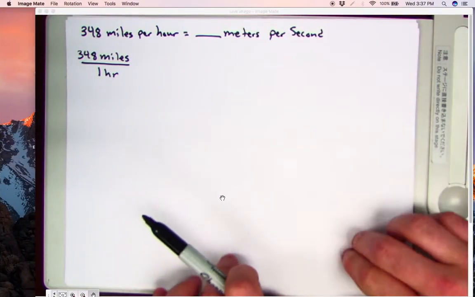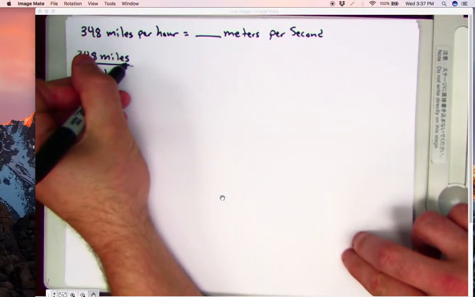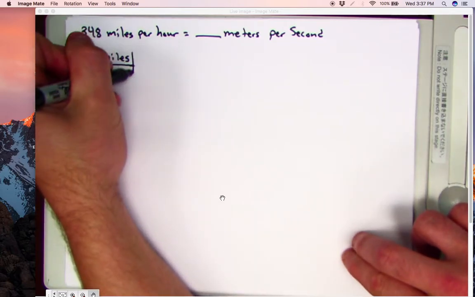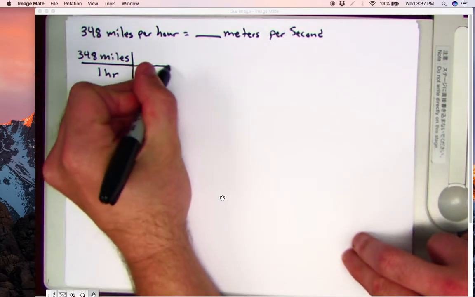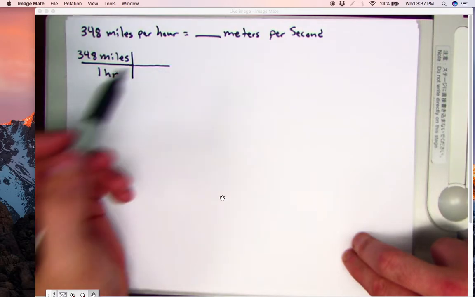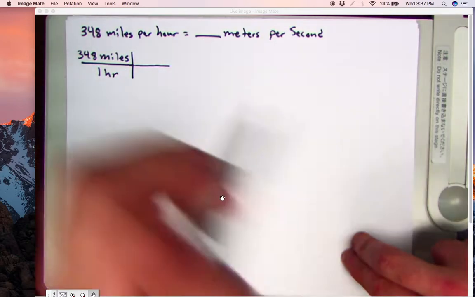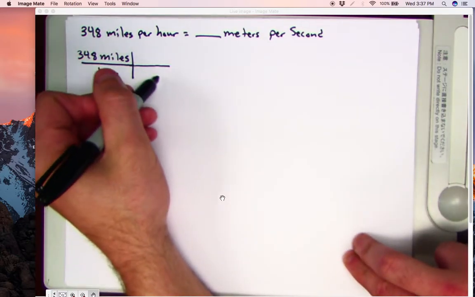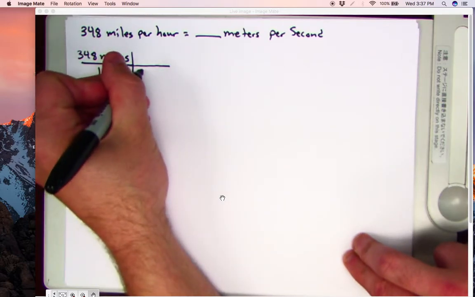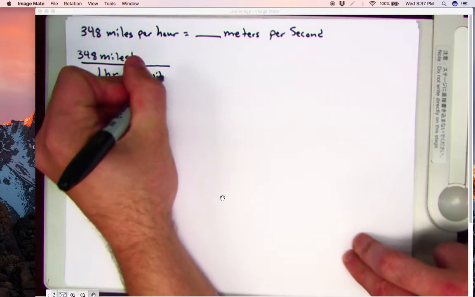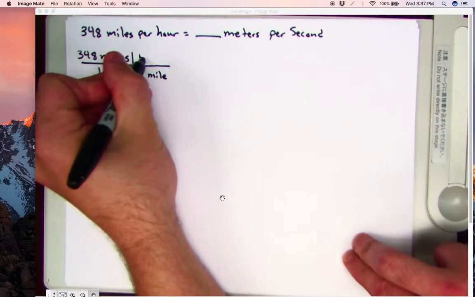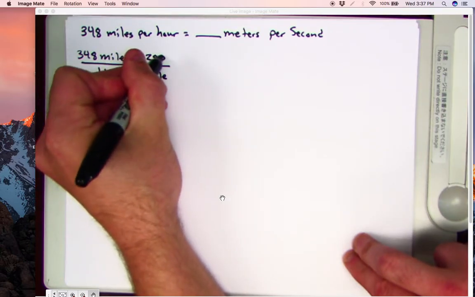So, how we're going to approach this. Now remember, our unit has to be in meters per second, so we're going to cancel out the miles. We know that 1 mile is equivalent to 5,280 feet.